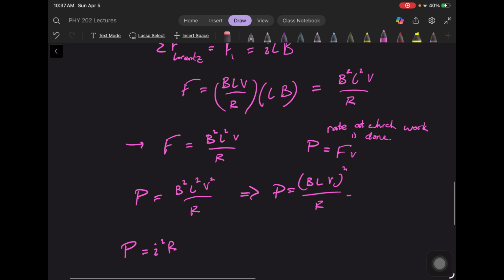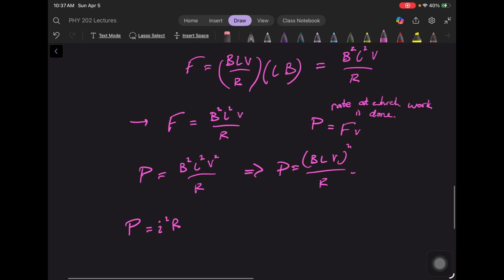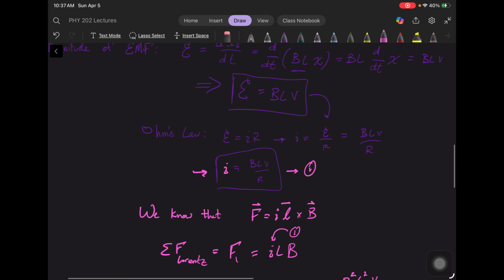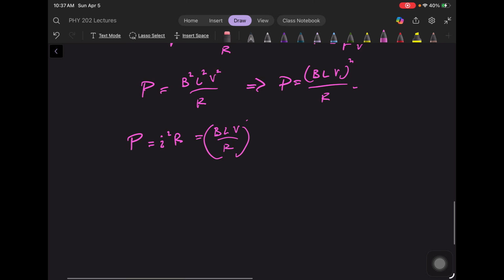And so if we have an expression for I, right here, okay, so it's BLV over R, all that squared, right, because it's I squared, times R, which gives us BLV squared over R. And look at that.